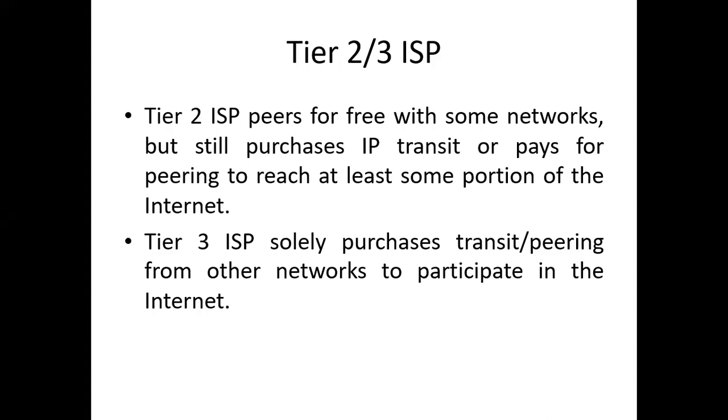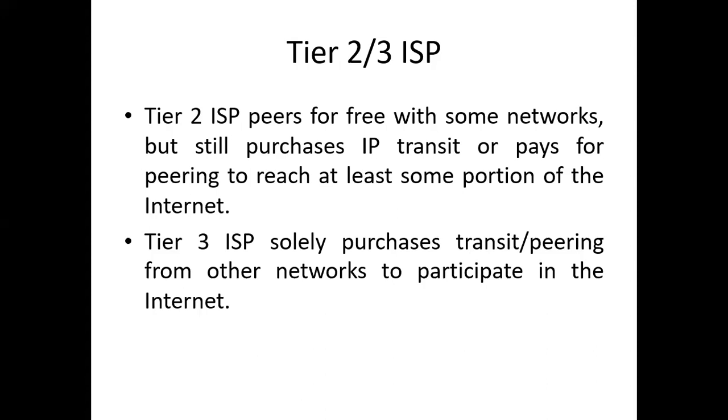Secondly, a range of IP addresses will be given by the upper layer ISPs, and this tier 3 ISP will allocate these IP addresses to its users. Like, as we are connected to the Grameenphone network, the Grameenphone network has allocated some IP address to my device.